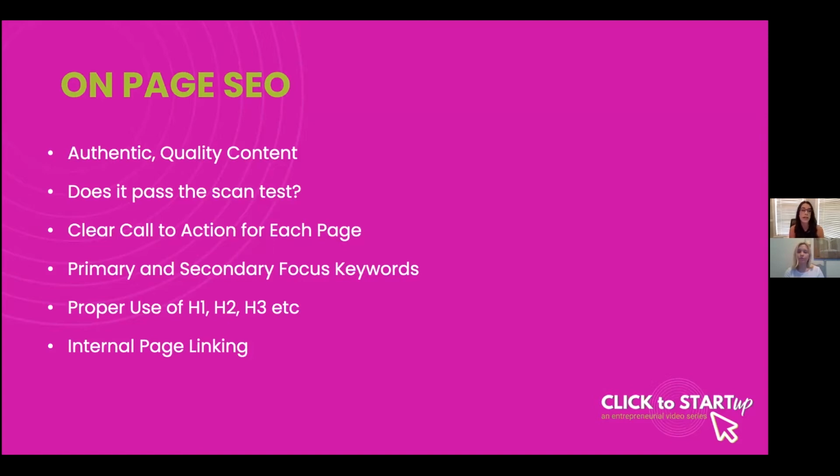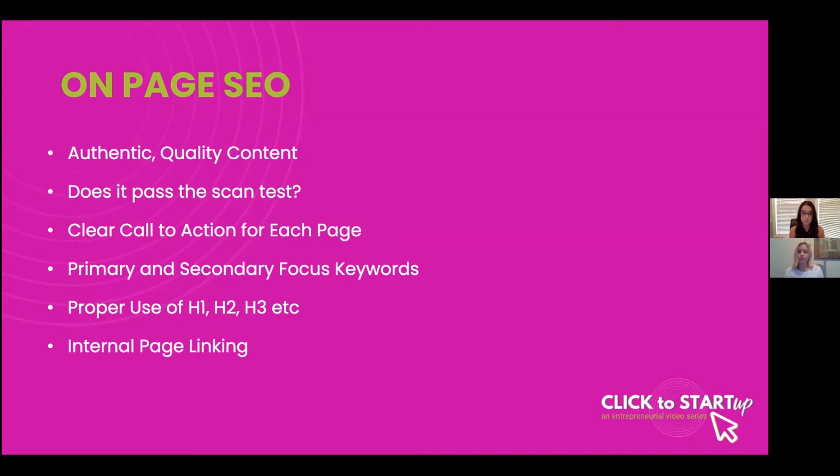That way, Google can identify your page as a resource on that topic. A focus keyword, let's say for a local ice cream shop, for instance, may be ice cream and coffee shop, Lafayette, Louisiana.